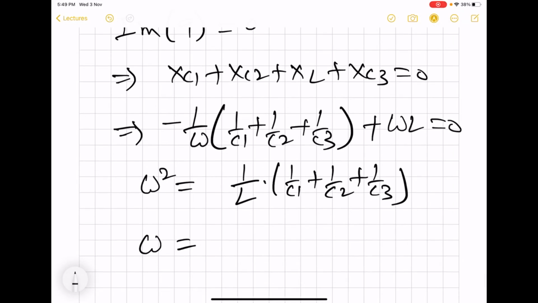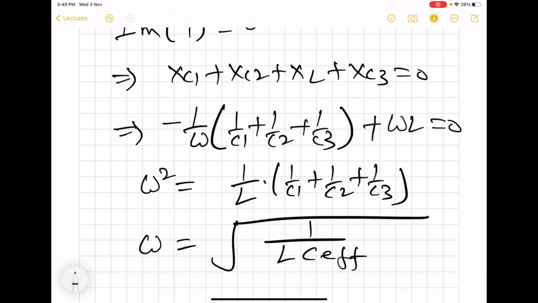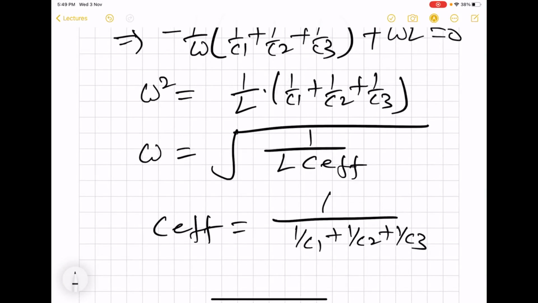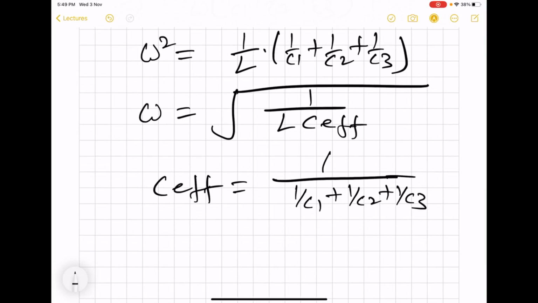So the oscillation frequency is square root of 1 by L C effective, but now C effective is going to be the series combination of C1, C2 and C3, which is equal to 1 by 1 by C1 plus 1 by C2 plus 1 by C3. So the formula for oscillation frequency is of similar structure as the case of the Colpitts, but now C3 is also present here.